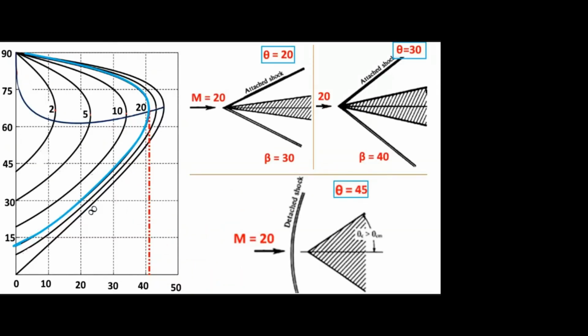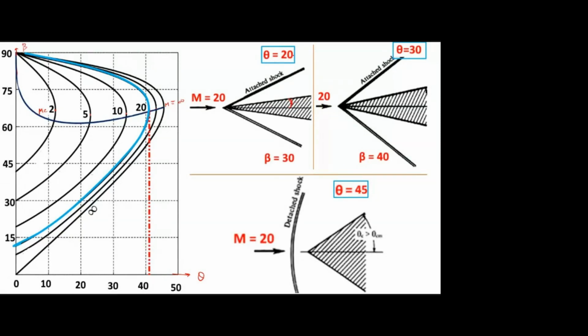Now again we come to this theta-beta-M graph. This is theta, this is beta, and this is for different Mach numbers: 2, 5, 10, 20, up to Mach number infinity. Here I have taken three cases with a wedge.